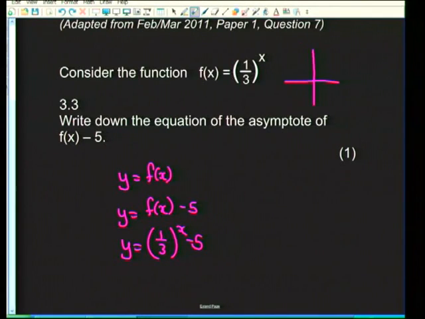Your understanding of graphs is quite important, because if I drew this one, 1/3 to the x, it would look like that, and the asymptote would be at y equals 0, or the x-axis. Now, if I'm shifting the graph down 5, the asymptote would be at y equals minus 5. So that's one way I think you can do it relatively easily, just knowing your theory.